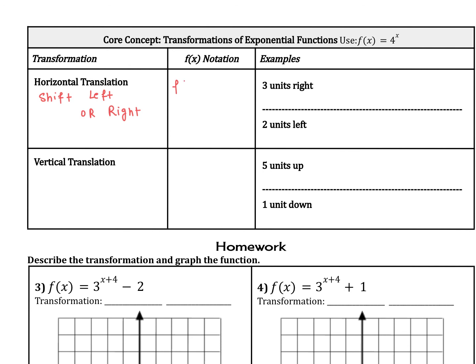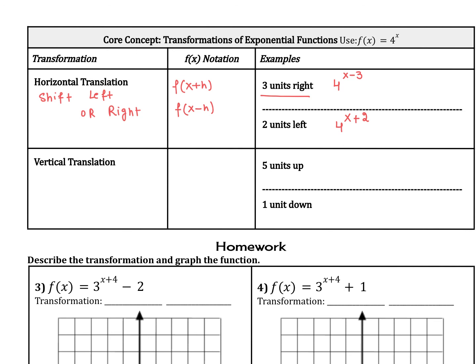If it is left, you're going to have x plus h, and if it is right, you're going to have x minus h. Example, 3 units right means you're going to have 4 to the power x minus 3. In this one, you're going to have 4 to the power x plus 2.